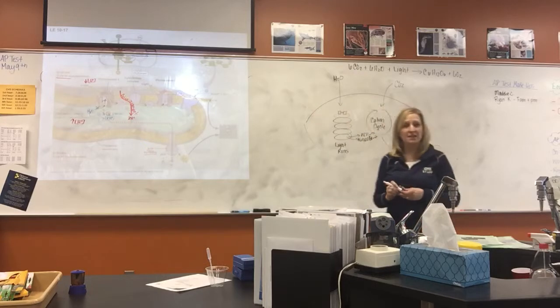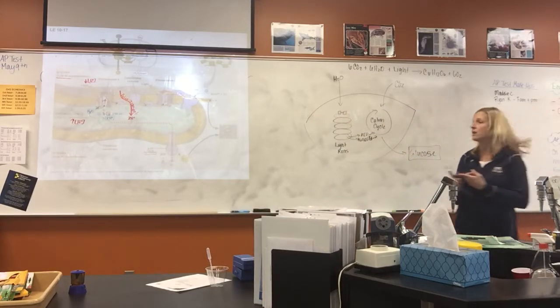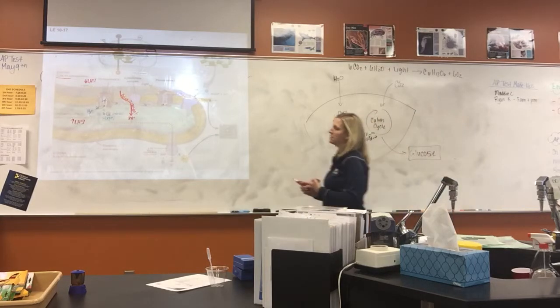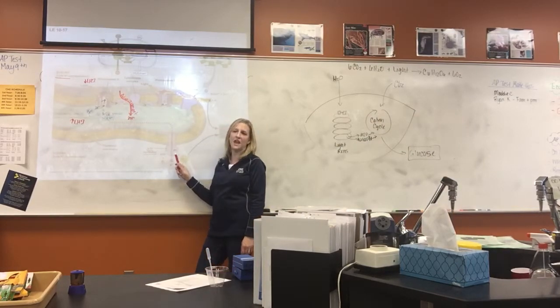All right, ATP synthase, remember, is the enzyme from cellular respiration that is involved in making ATP. So ATP synthase, normally just hanging out in the membrane, does not work. What has to happen in order for ATP synthase to work? Diffusion. The diffusion of the H pluses.